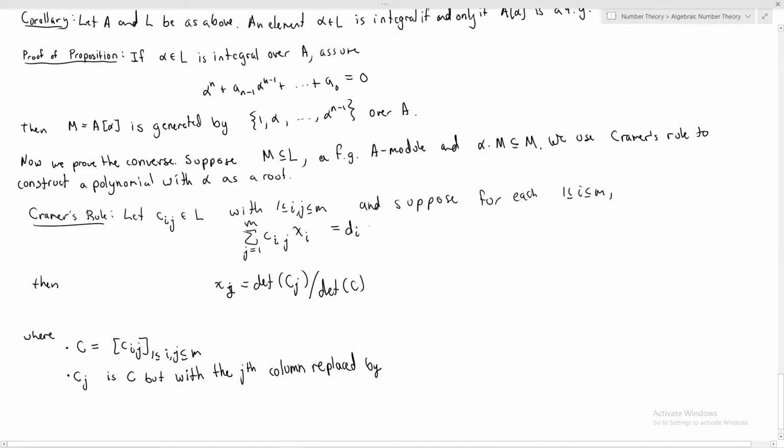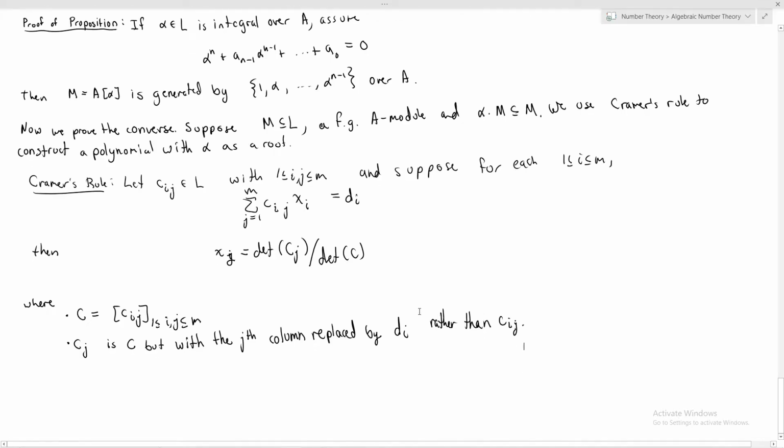Instead of having c_ij's throughout, you have these d_i's. So what does this tell me? It essentially tells me how to get the solutions to a system of linear equations out of some matrix.